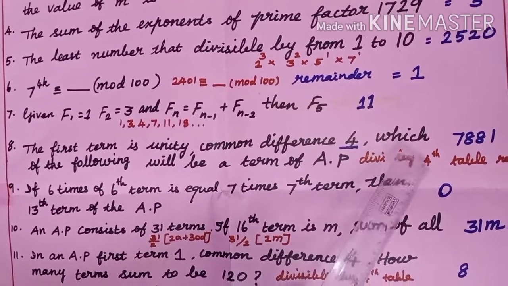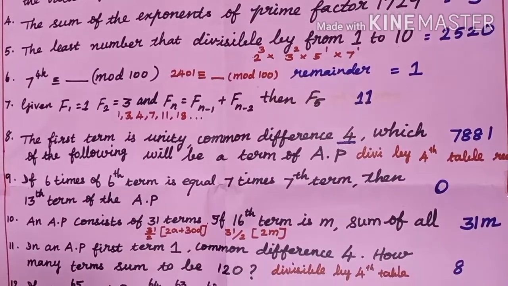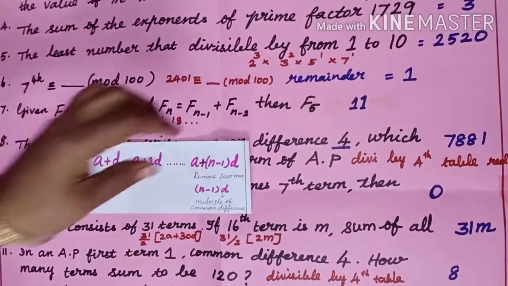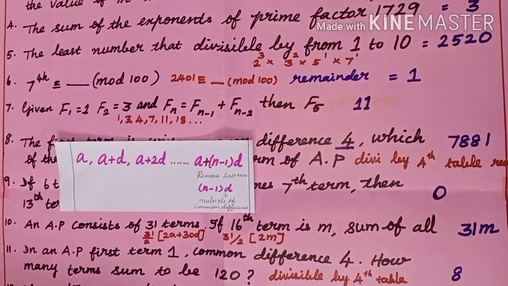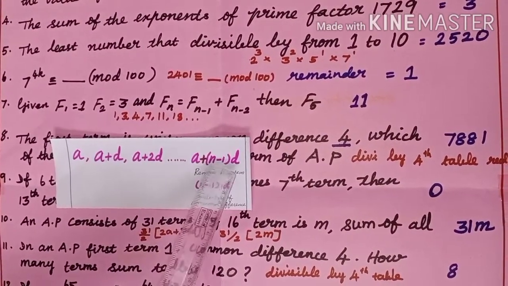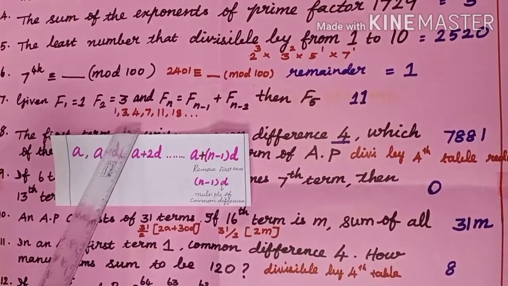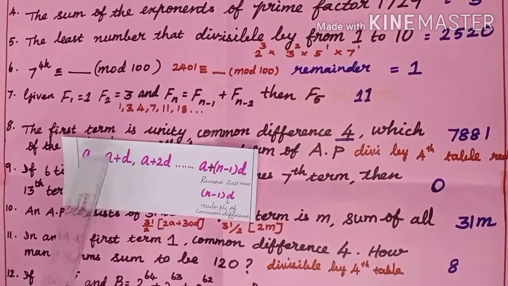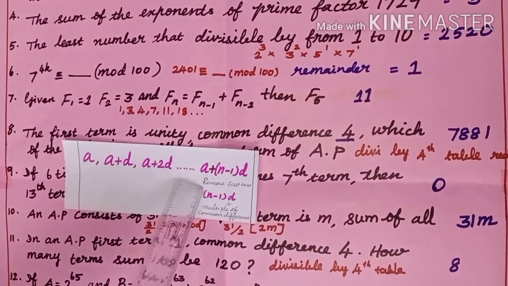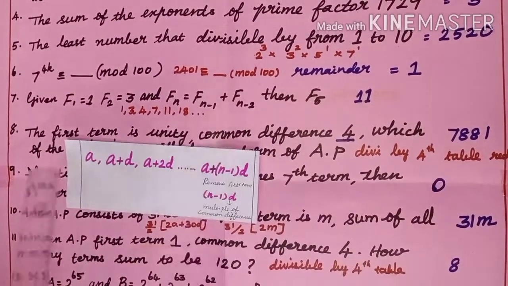Eighth question, the first term is unity, common difference 4. Which of the following will be a term of the AP? AP terms are a plus d, a plus 2d, and it continues. The last term is a plus (n minus 1) into d. Here the first term is unity, so a is 1.